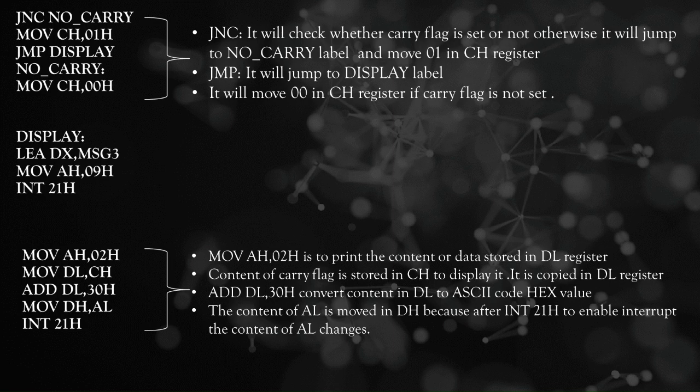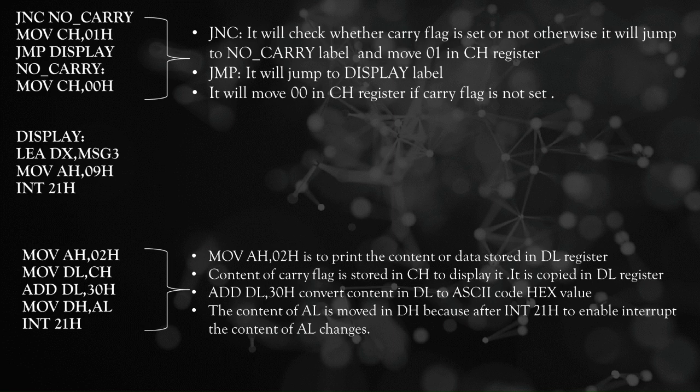At the display label, I print the message 3 string, which says sum is, so the user sees the label before the numeric output. Here I prepare to print a single character with DOS function 02H. I move the hundreds digit value, 0 or 1, from CH into DL, convert it to ASCII by adding 30H, and call INT 21H to print it.